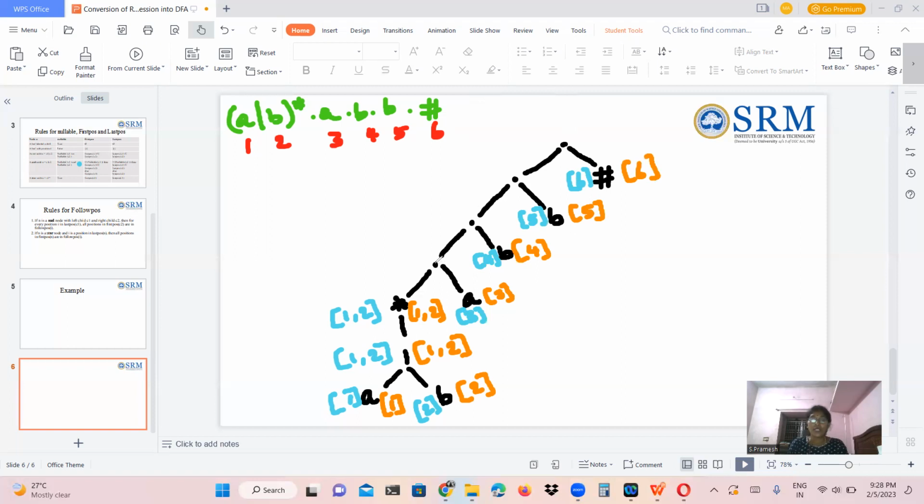Okay, now consider this concatenation. Its left child is nullable. Then you have to take the first position of the left child union the first position of the right child. So this is 1, 2 and this is 1, 2, 3. So I write for this concatenation, the first position is 1, 2, 3.